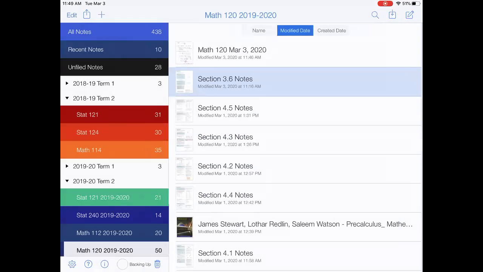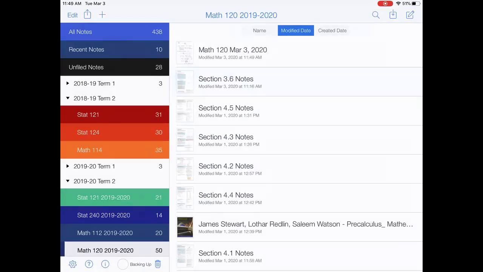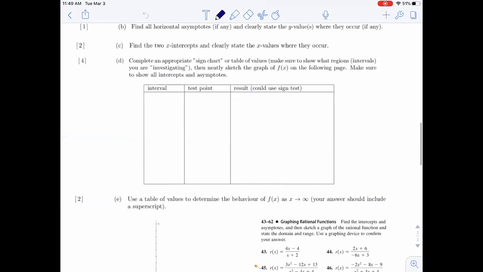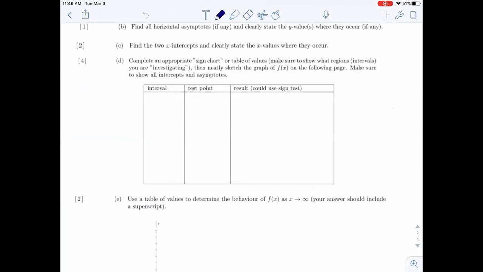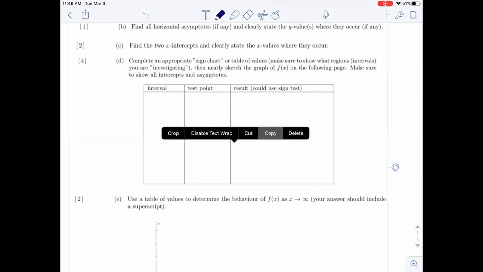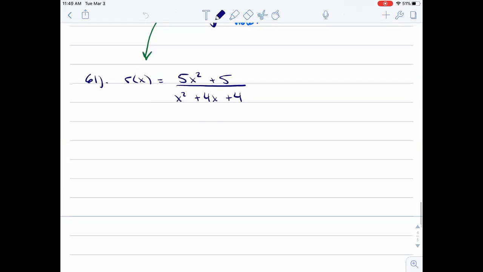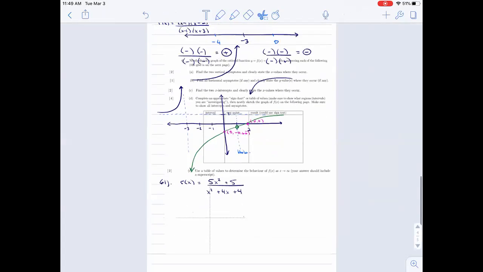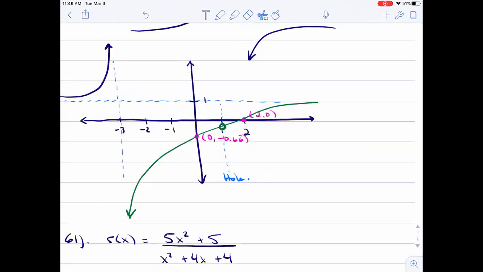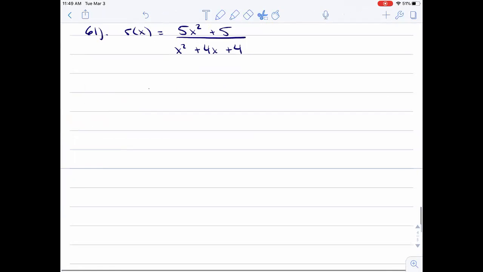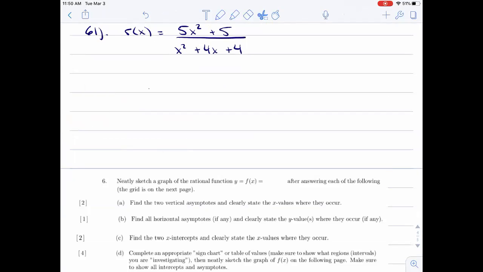What I'm going to do is bring in those questions that we are going to have on the final. I might take that table out. I don't know if you guys want the table in there. It's not part of the question, so I can do that. Let's see here. If I copy and paste it in here. Paste it there.